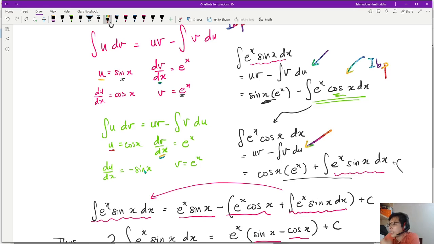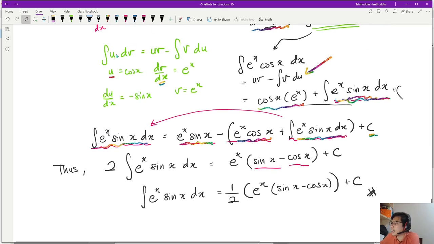All right, and then this is what I got: cosine x e^x plus. Now I get this again, and then I realized that this here is the same as this here. So if I rewrite everything again, I rewrite this plus e^x sine x, which I got from here, minus the whole thing here, plus c, of course, is an integration constant.